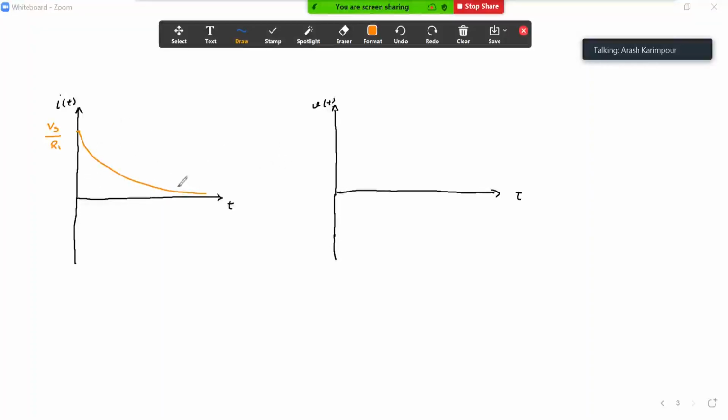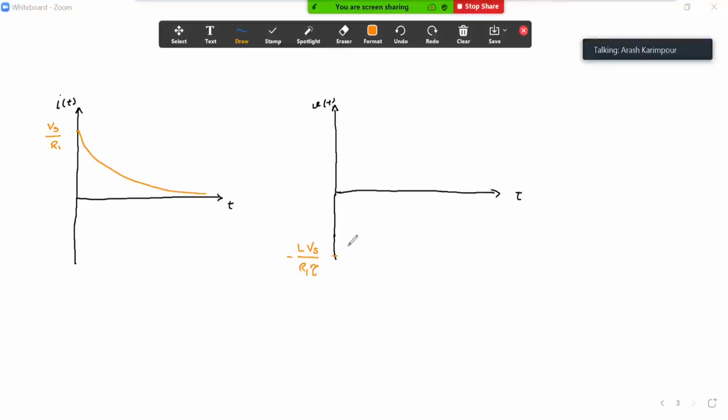So it's going to lose all the energy it has. Same for the voltage: at the beginning, when it's fully charged, we found it is going to be negative L Vs divided by R1 tau.